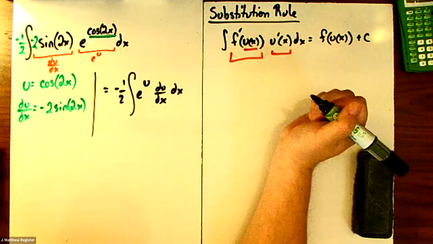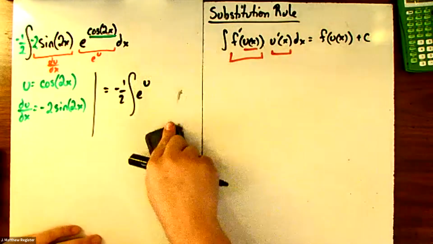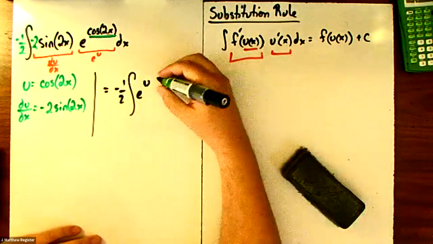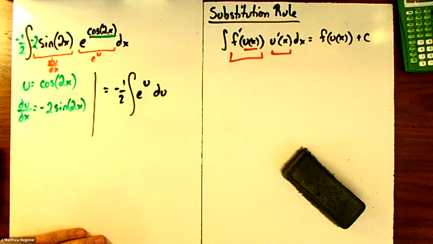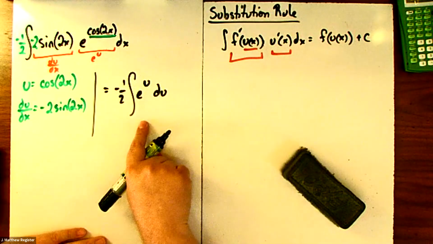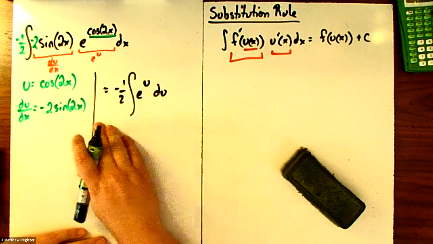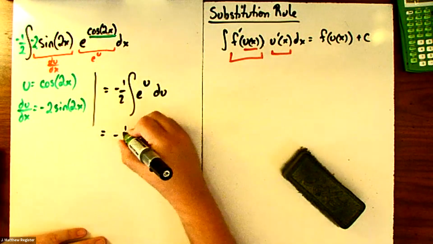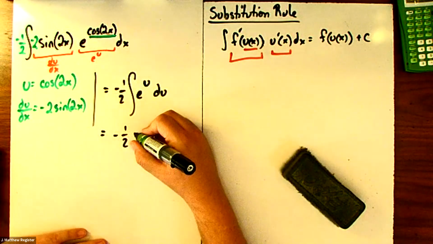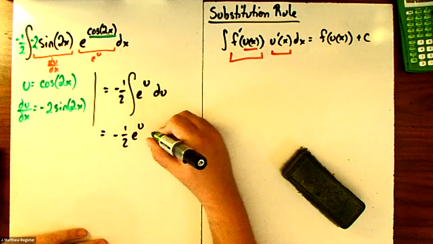But as I was saying, when we see it written this way, it might be easier to just view this as e to the u du. And this is something which we can integrate without any problems at all. And so integrating that, we get negative 1/2. Well, the integral of e to the u is e to the u.